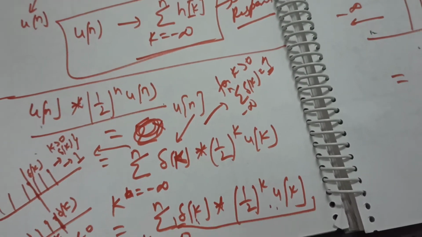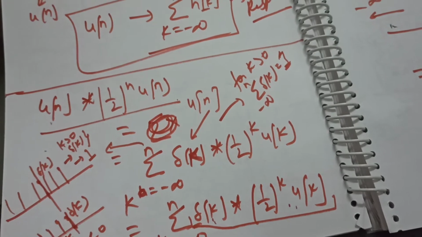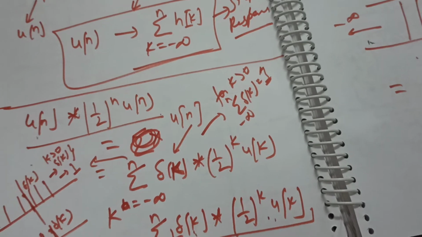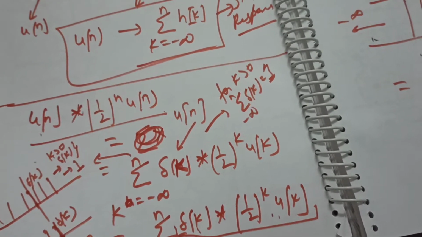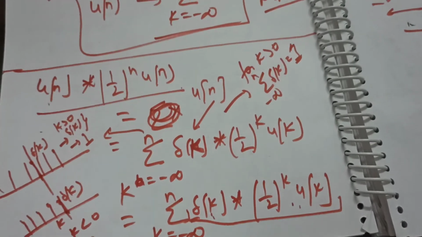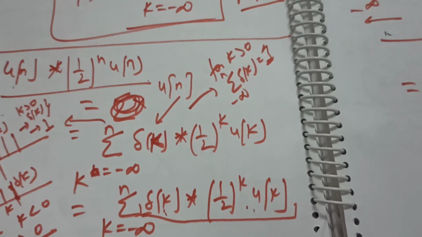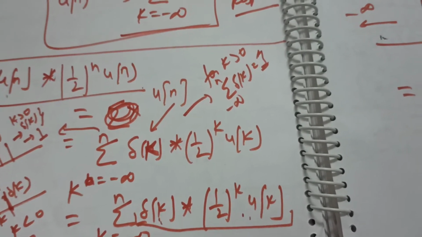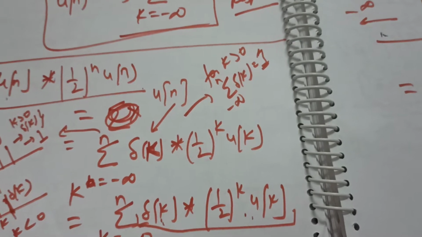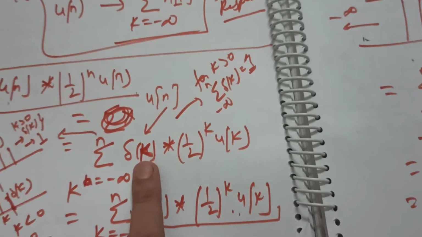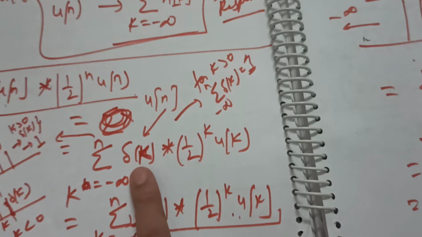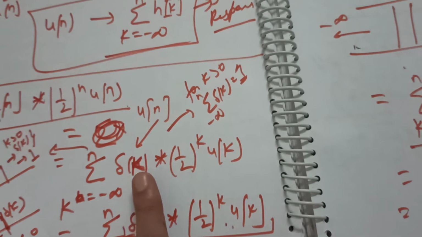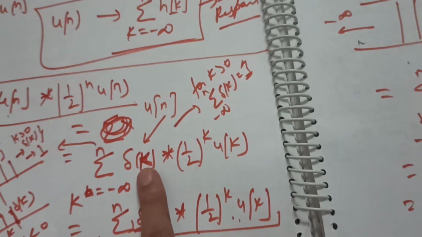So what we will do is write the step signal as a function of impulses, which is nothing but the summation for k equals minus infinity to n of delta k. When k is greater than 0, this will include delta minus 1, delta minus 2, delta minus 3, and when it comes to delta 0, it is going to give you 1.